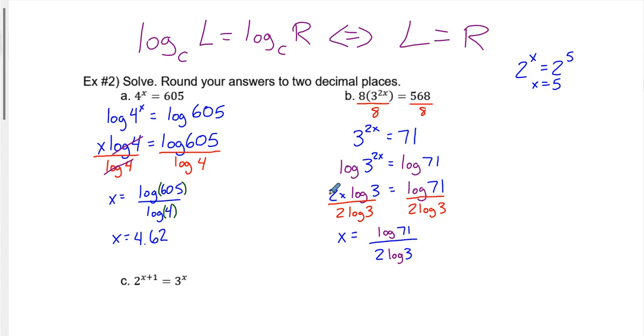Now in order to be extra careful, the more complicated that our numerator and denominator get, put it in parentheses. And keep in mind, once again, that some calculators open that parenthesis, so make sure you close it.